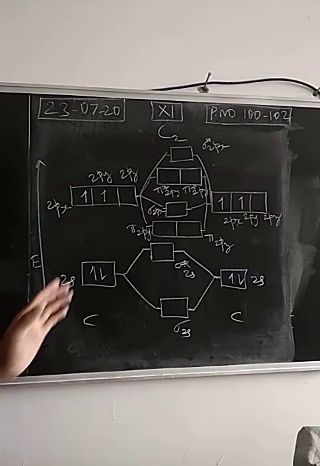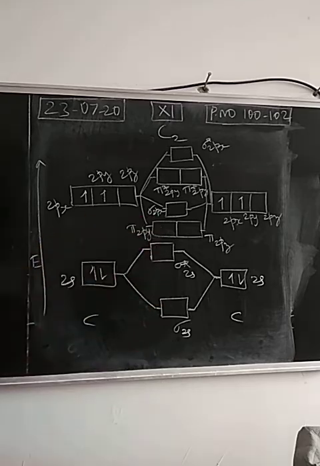So we can fill the electrons. Due to the combination of atomic orbitals, bonding as well as anti-bonding molecular orbitals form. Next we have to fill the electrons.